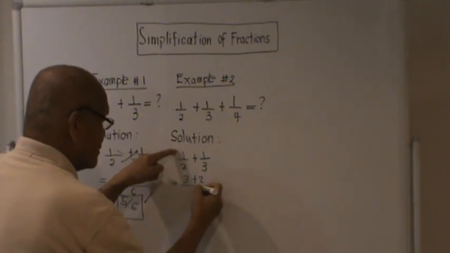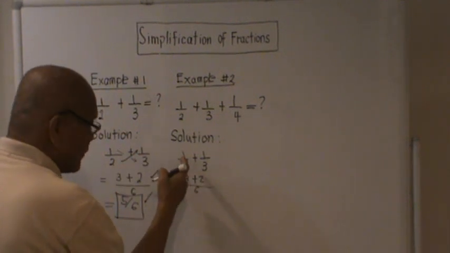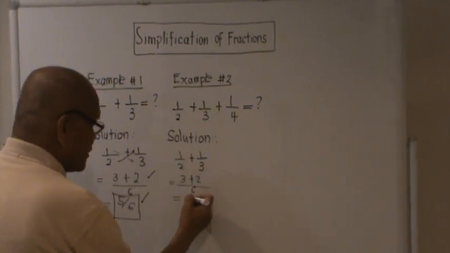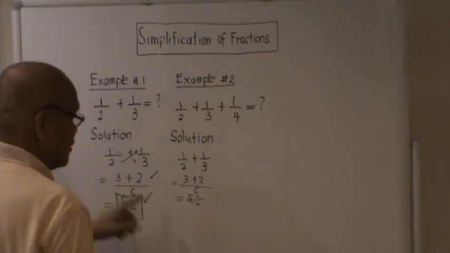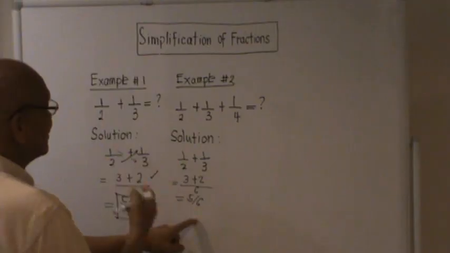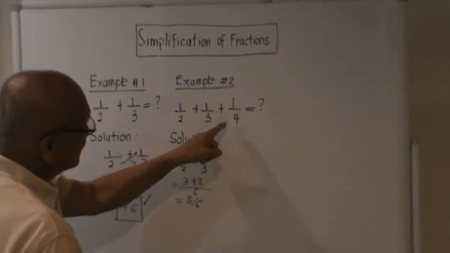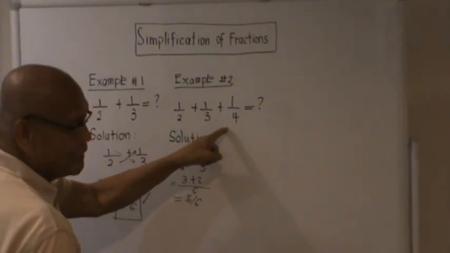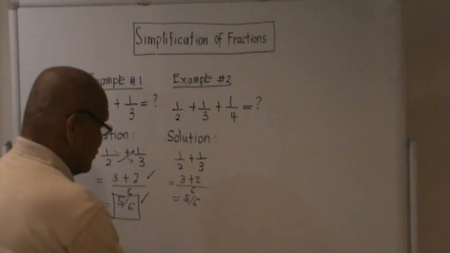It is 6. So actually, the compressed value of 1/2 plus 1/3 is actually 5/6. Same as for solution number 1. But for example number 2, there is an additional fraction over here. It's 1/4. So what do we do?